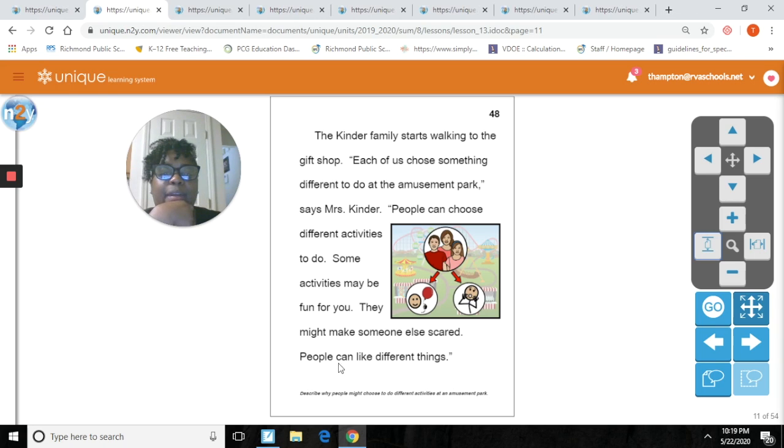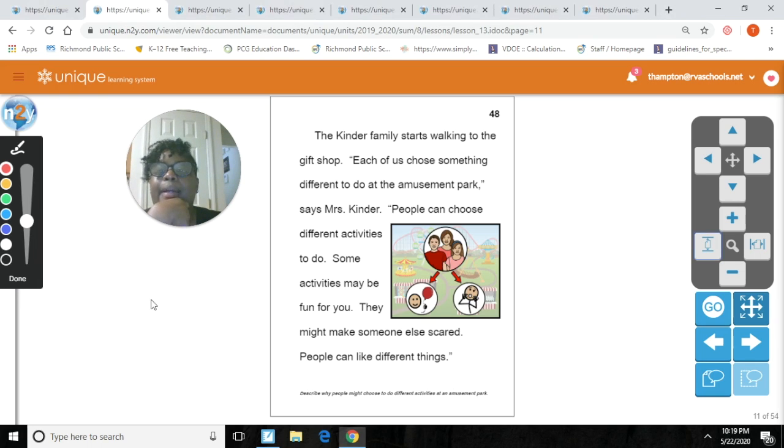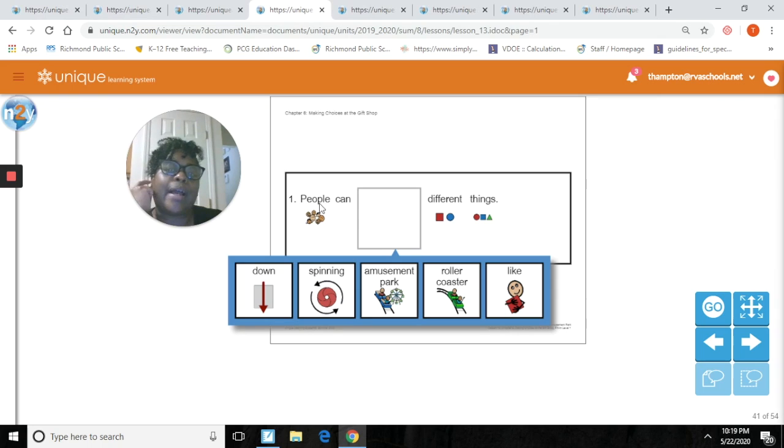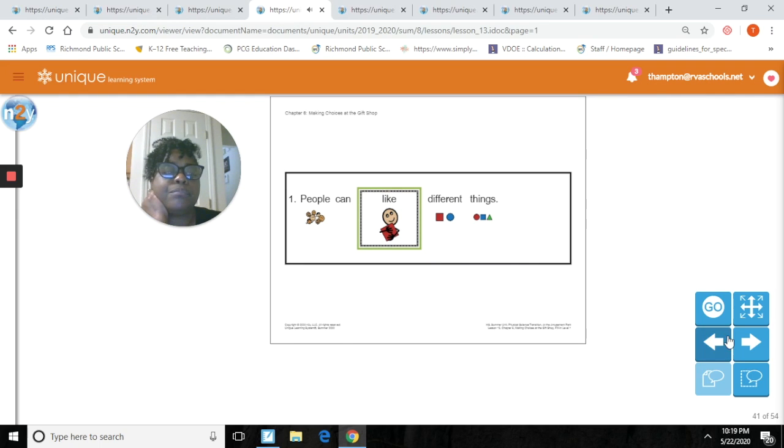And we see right here that people can do what? Like different things. So our key word to look for was people, because that was one of our focus words in the question. So we're going to put like there.